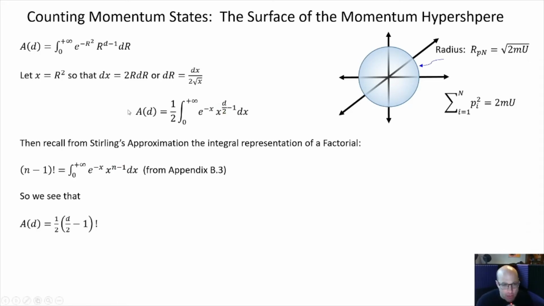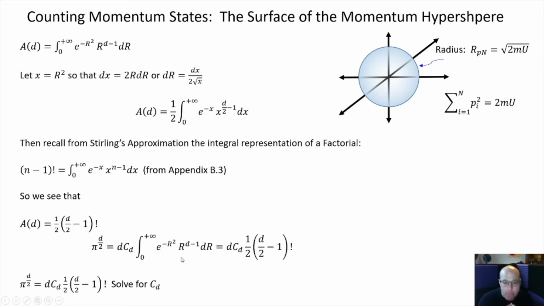And so the result is that this integral that I say is known is exactly 1/2 d over 2 minus 1 quantity factorial, where now d is this physics parameter that's 3 times the number of atoms in the gas.